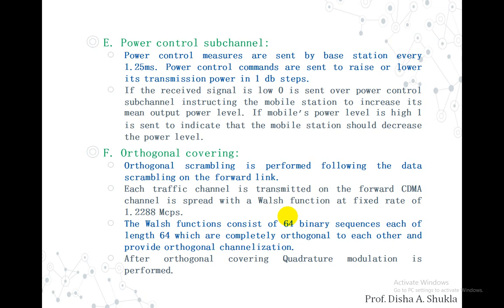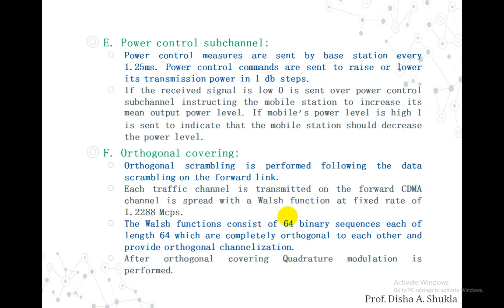And the last process is the orthogonal covering. The orthogonal covering is performed following the data scrambling on the forward link. Each traffic channel transmitted on the forward CDMA channel is spread with a Walsh function at a fixed rate of 1.2288 Mcps.